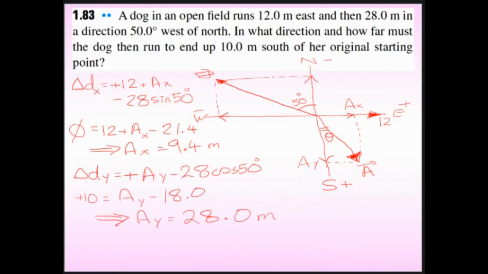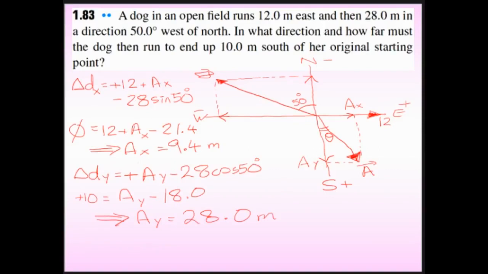You are confused. You know why you are confused? Because every time I gave you a bunch of vectors to add, I never asked you for an unknown vector to be included, and you know the final result. You know all the inputs, all the things going into the system. This time, I only gave you the 12 and the 28 with 50 degree.